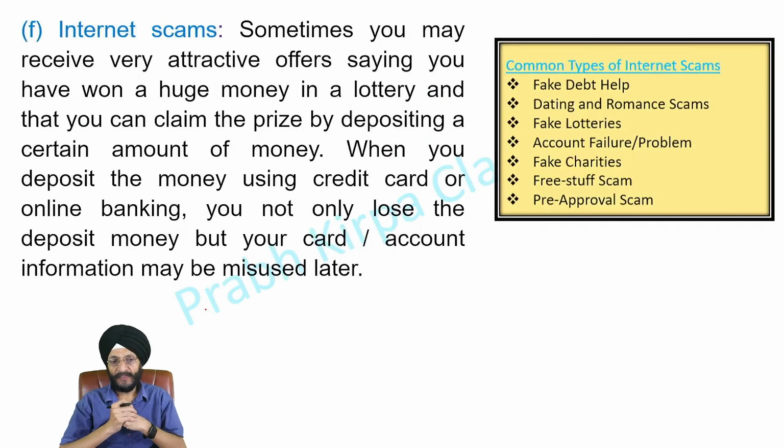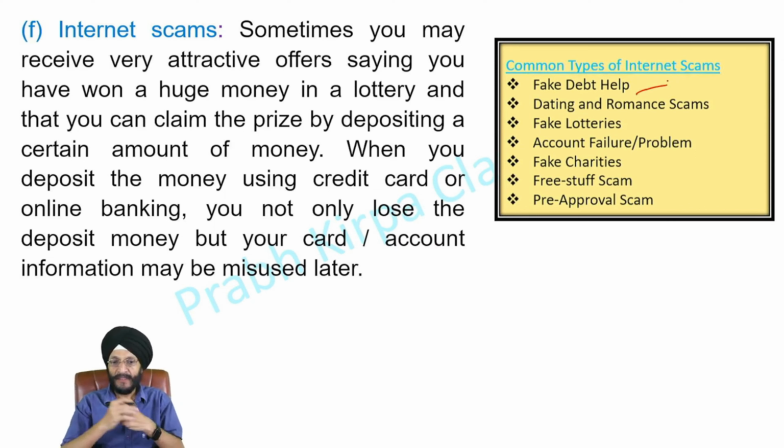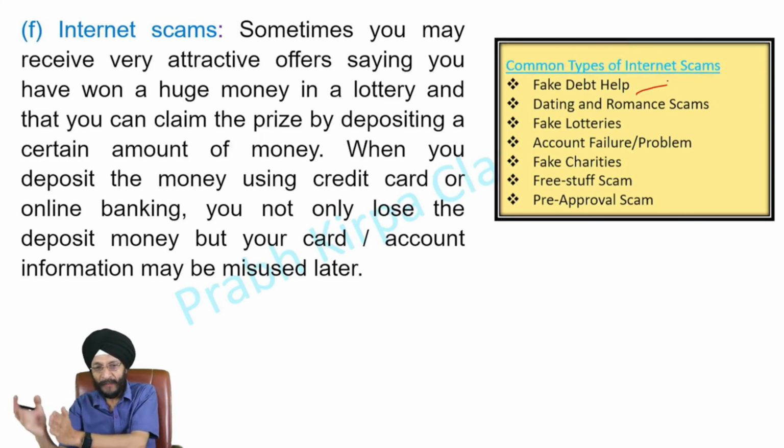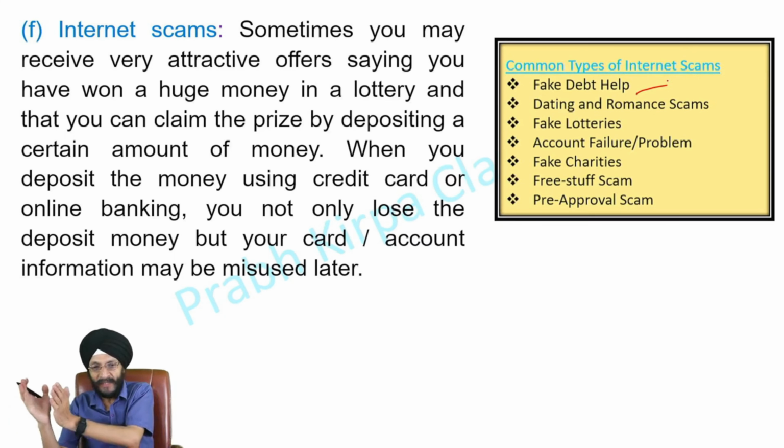Now, another type of threat is internet scams. Common types of internet scams are fake debt help. That is, there may be a Facebook message that someone is in dire need of help because their relative is admitted in the hospital or is suffering from some deadly disease.